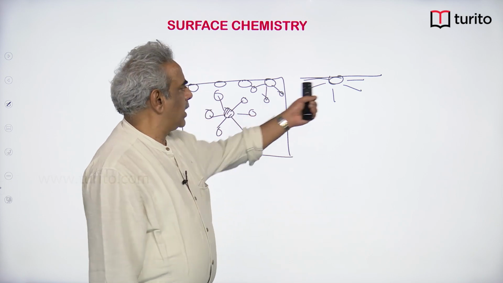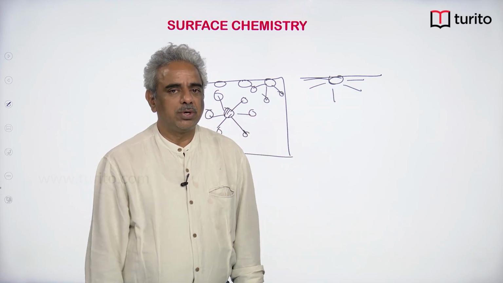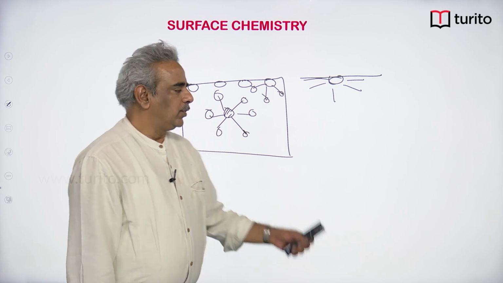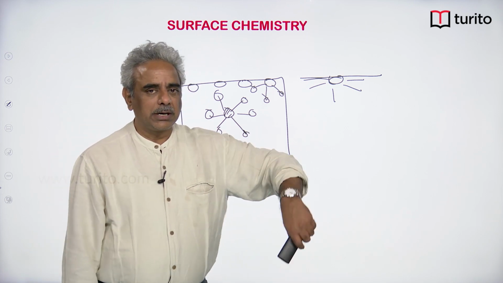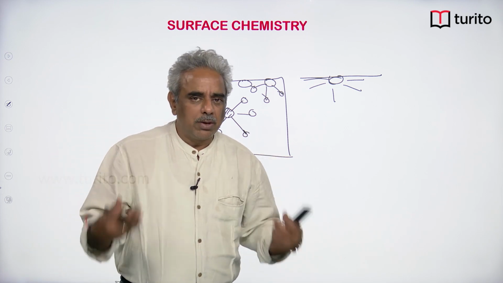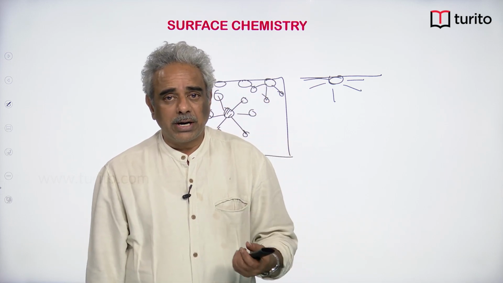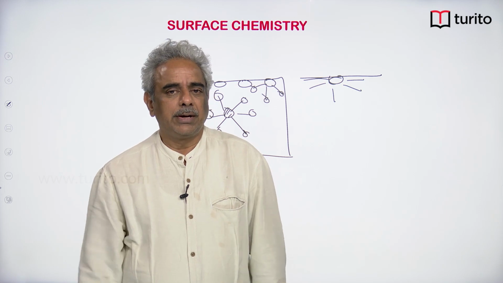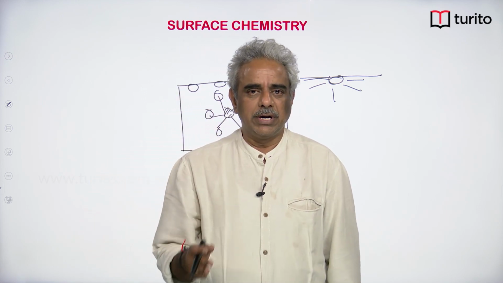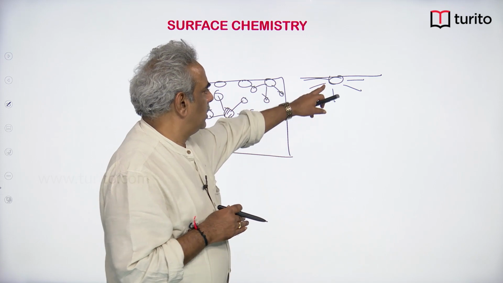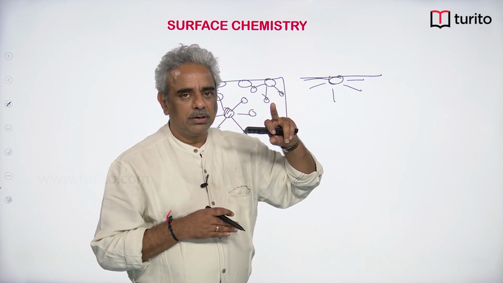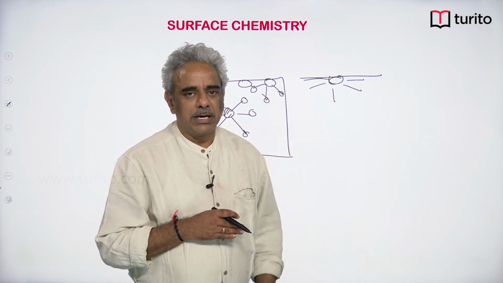So, in these two particles, which has more energy, which has less energy? A bulk particle is attracted by many. The one which is enjoying more attraction will be of lesser energy. Attraction leads to loss of energy. The one with relatively lesser attraction will have greater energy.